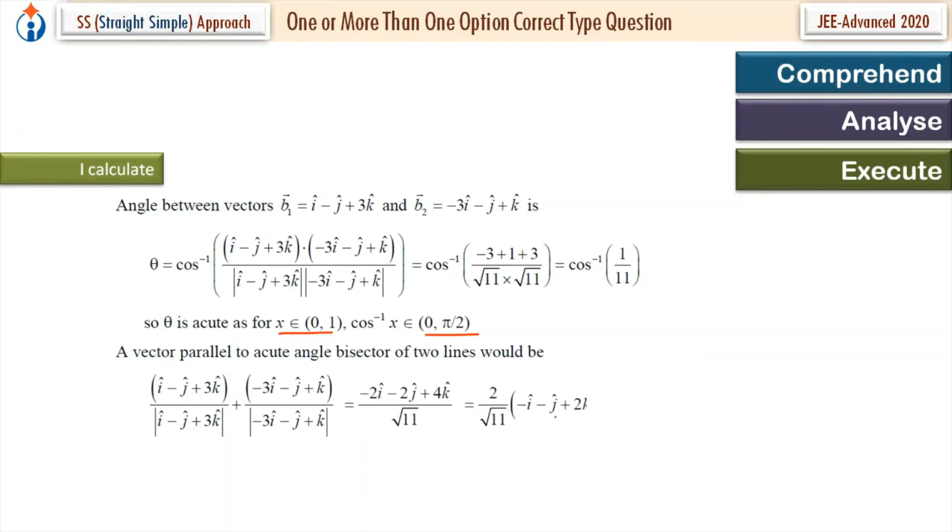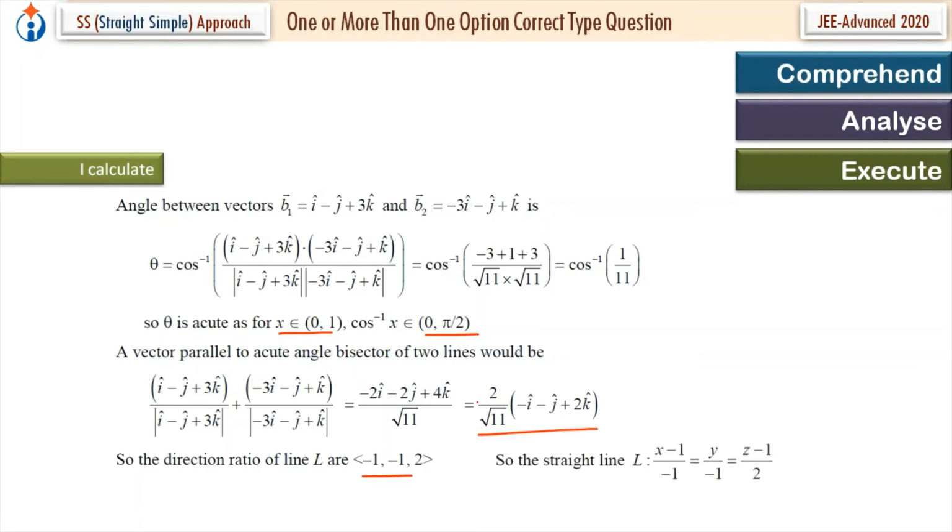I simplify this. I get this vector. So the direction ratios of the line L are 1, -1, 2. The ratio is same, it doesn't matter, 2 upon root 11 multiplied or multiplied by any number except 0. I got the direction ratio of the line L.